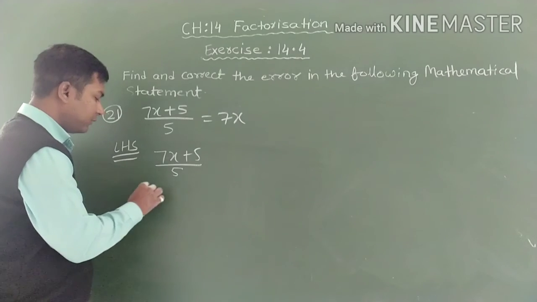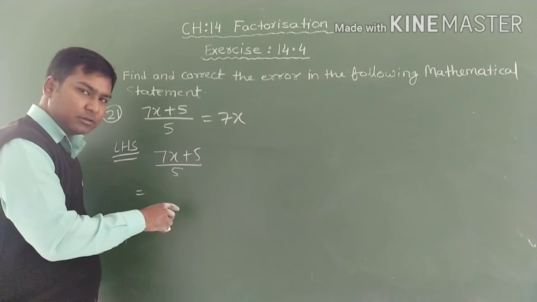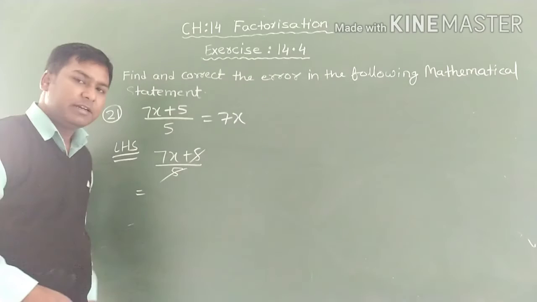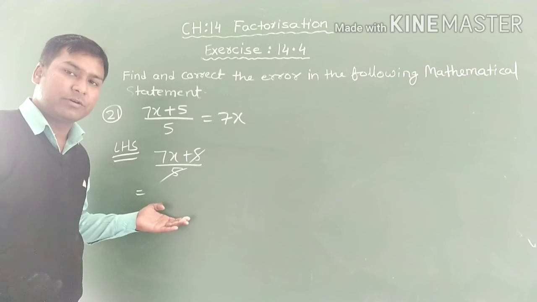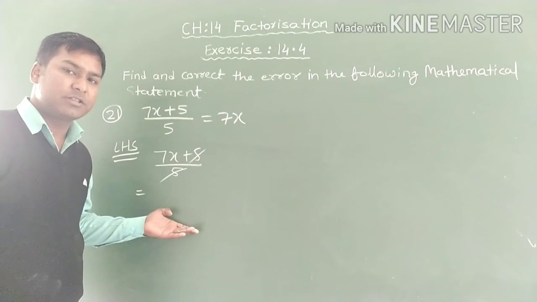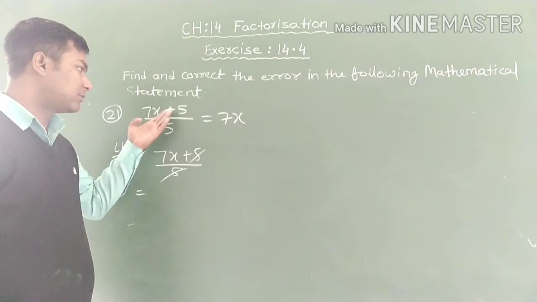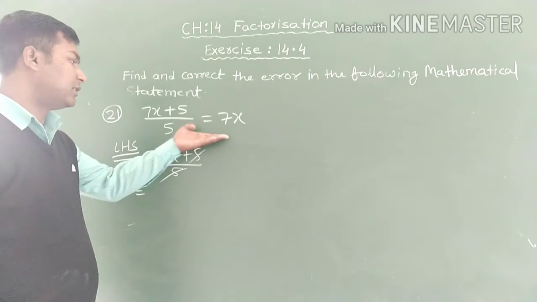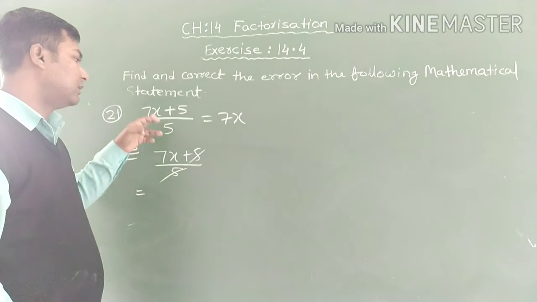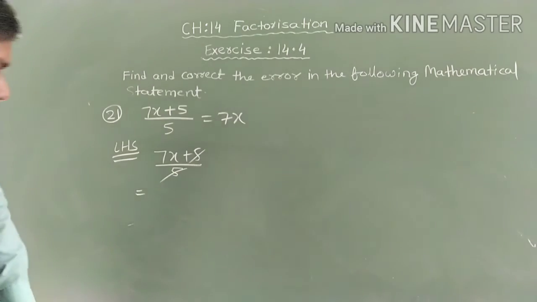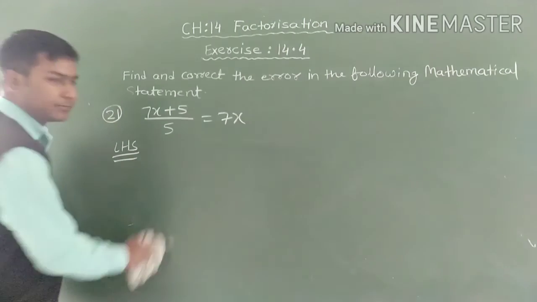Now just simplify it. If we simplify it this way, 5 and 5 will not cancel out. Okay, this is not the right way to solve. But in this expression, it looks like 5 cancels out and 7x is left. So this is incorrect. Okay, what is the right method?